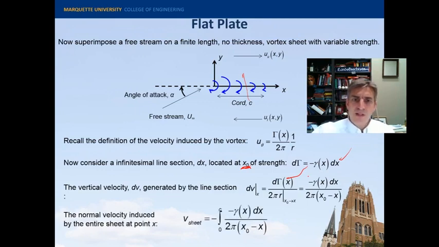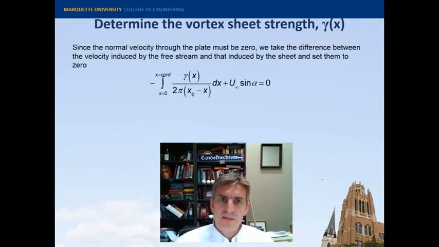So I can integrate this expression over the length of the sheet, from 0 to the chord length, to get the induced velocity of the sheet as a function of x, if I knew what gamma of x is. But this is my first equation for gamma of x.